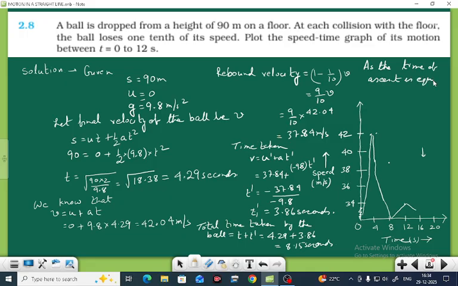The ball takes 3.86 seconds to strike back on the floor for the second time.